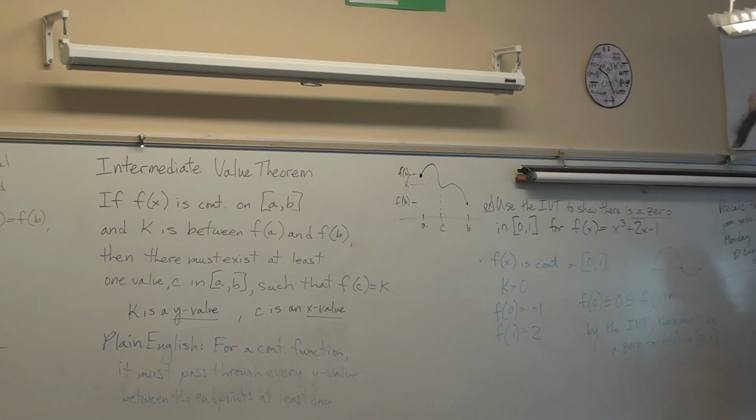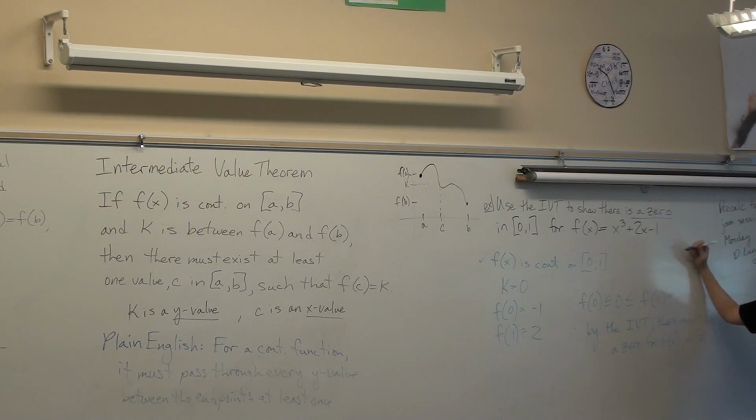Yes, Fran? I'm not quite sure how we arrived at k equal to 0. Because they have to tell you what y value you're interested in, and the only y value given here is 0. Show that there is a 0. So here's what it's saying, guys.